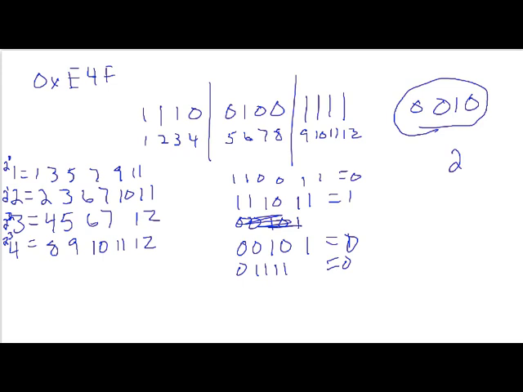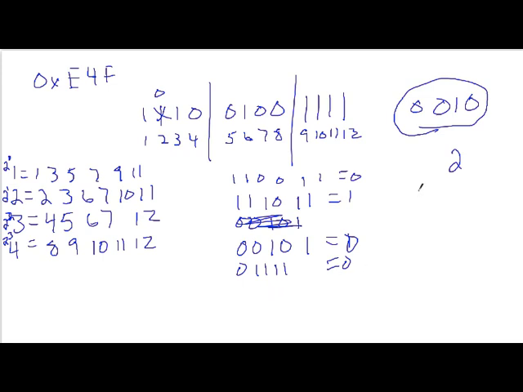So now that we know the error, we can go ahead and fix that. So it's in position 2. So position 2 should have been a 0, right? But it's an actual parity position, so it doesn't really affect our data, but we could go through there.